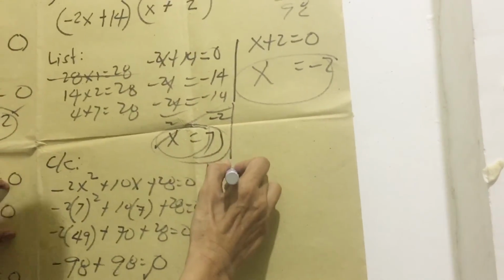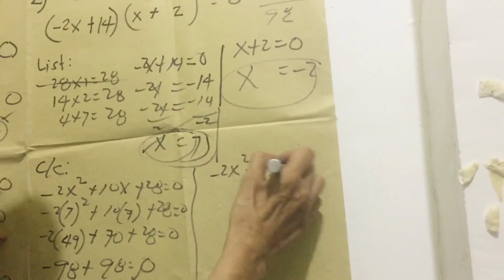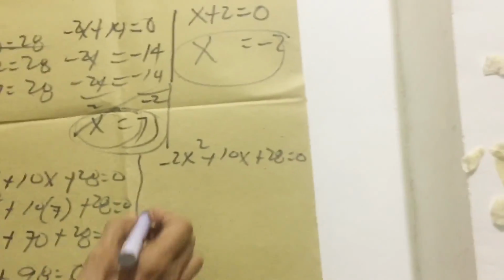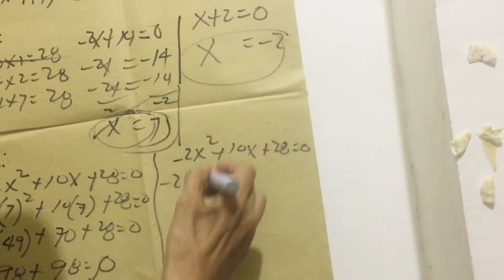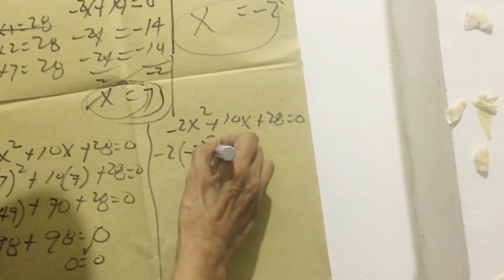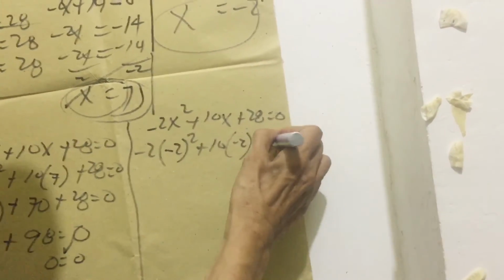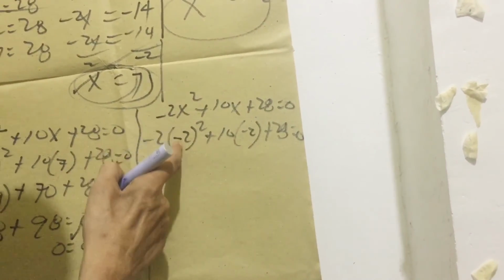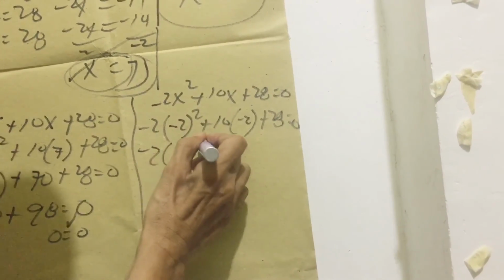And the other one is if x is negative 2. We have to check. We have negative 2x squared plus 10x plus 28 equals 0. The value of x now is negative 2: negative 2 times negative 2 squared plus 10 times negative 2 plus 28 equals 0. Negative 2 times negative 2 equals positive 4.